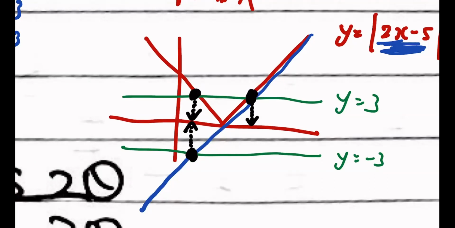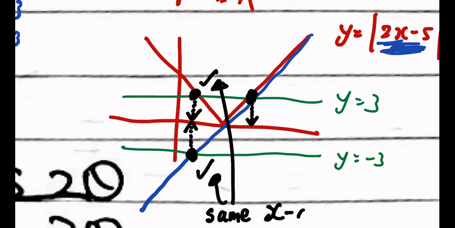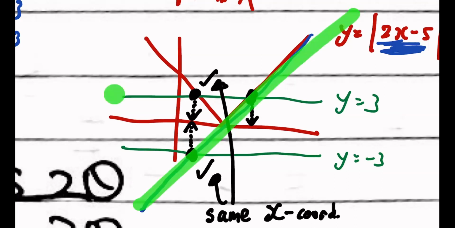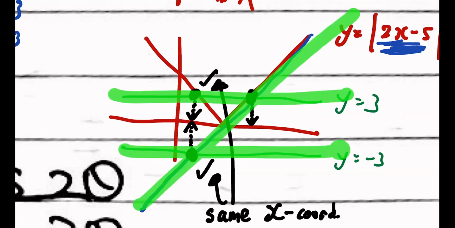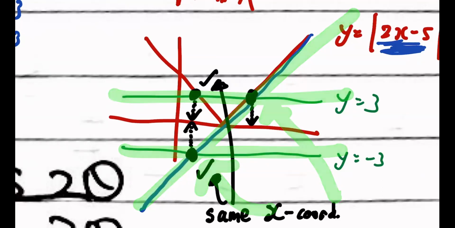So these two x values are the same. Let me label it: same x coordinate. So that's why you can just take 2x minus 5, y equal to 3, y equal to negative 3, then solve for the x coordinate of the point of intersection. You'll get the answer.